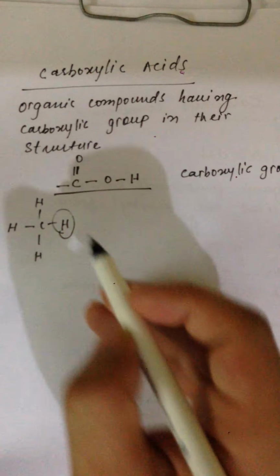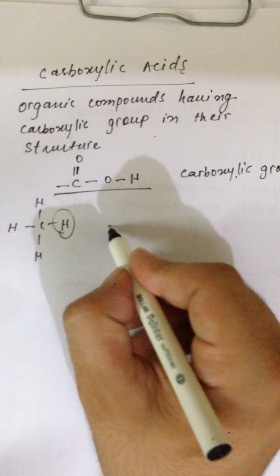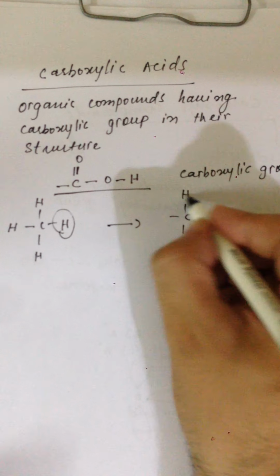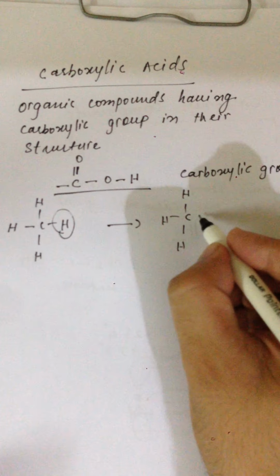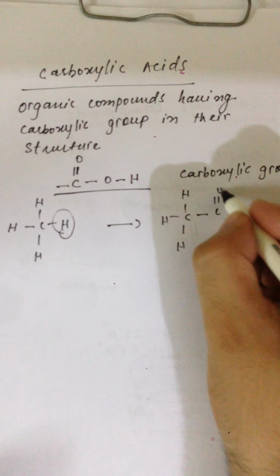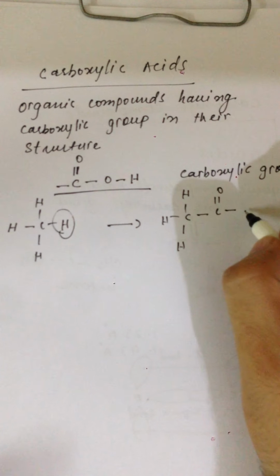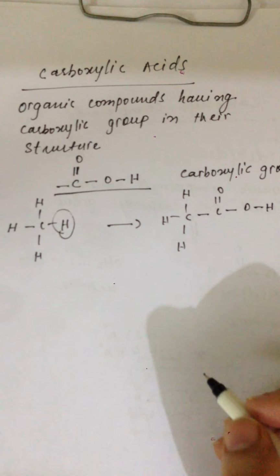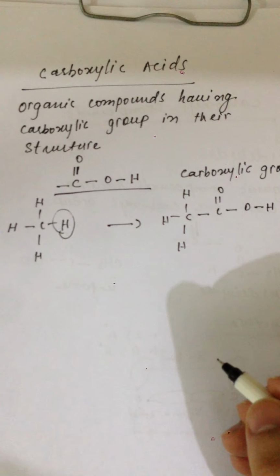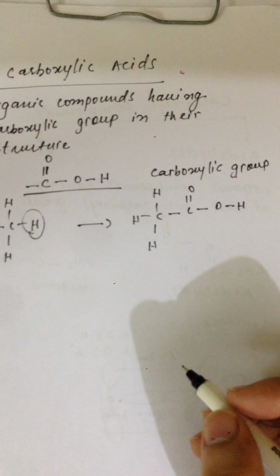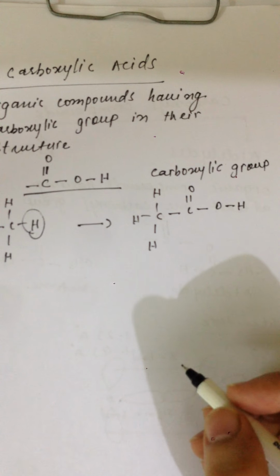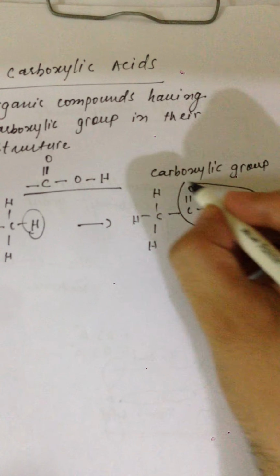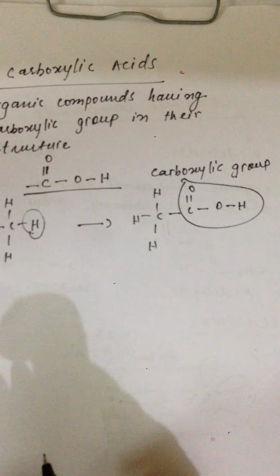We can replace this hydrogen atom by the carboxylic group and it becomes like this. This is a carboxylic group attached to the methyl group.